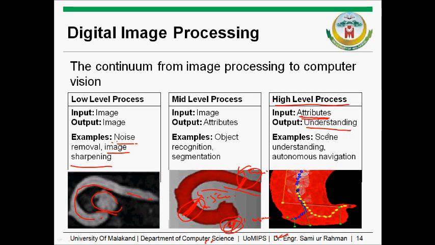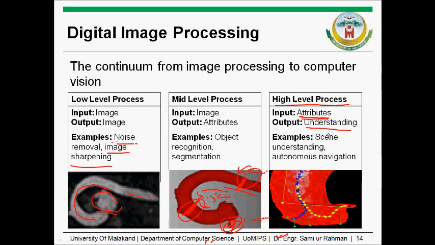Okay, I'll leave that because that will make these things complex. But in image processing we have different levels. First we have some images. Then we try to get some information or attributes from these images, and on the basis of those attributes we identify or classify images.